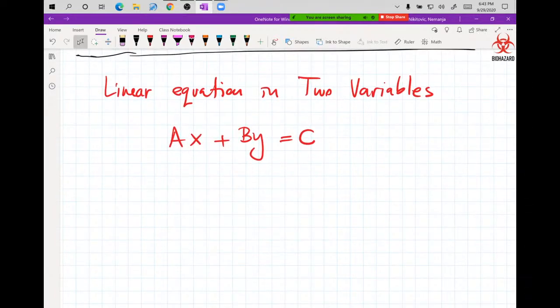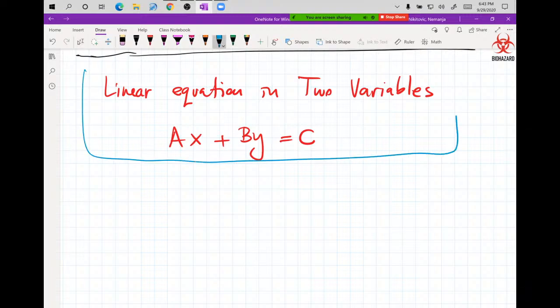So this is what pretty much all of the equations in 2 variables would look like for us. Even though we know that there are equations that contain x squared and all of that stuff, but that's also for later in mathematics. Now we're focusing on these linear equations.